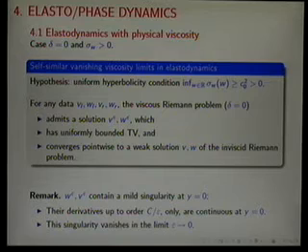And the result is that for any Riemann data, VL, WL, VR, WR, the viscous Riemann problem without capillarity for the moment admits a solution V epsilon, W epsilon, which has uniformly bounded total variation. Therefore, you can take the limit and show that there is, in the limit, a weak solution of the inviscid Riemann problem. Okay, so that's the result that we were hoping for.